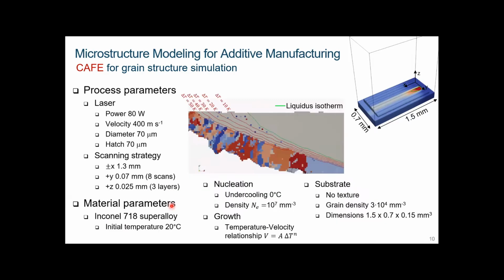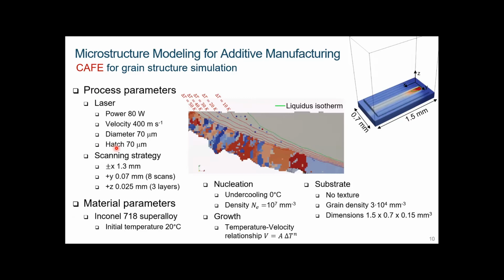Okay, so what I will show you are illustrations with Inconel 718. The initial temperature, power of the laser, velocity, diameter of the laser, these are the parameters you need for the thermohydraulic solution.